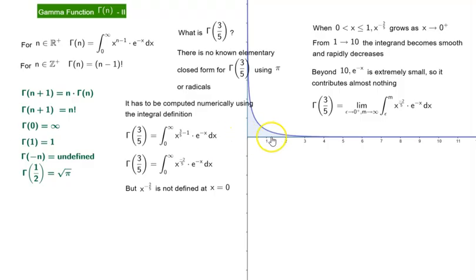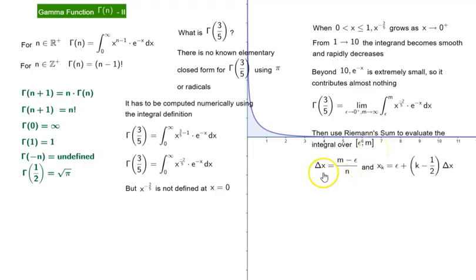Remember, we partition this interval into smaller and smaller equal parts. So we use Riemann sums to evaluate the integral over epsilon comma m.